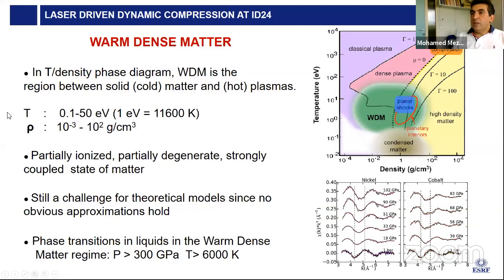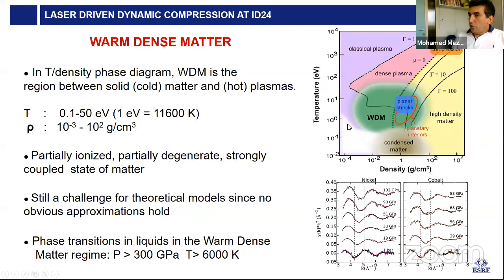It is in a temperature regime so hot that temperatures are measured in eV. 1 eV is about 11,000 Kelvin. So it's between 0.1 and 50 eV, and a very wide variation in density from 10 to the -3 to 10 to the 2 gram per cubic centimeter. And this is the region here in green.